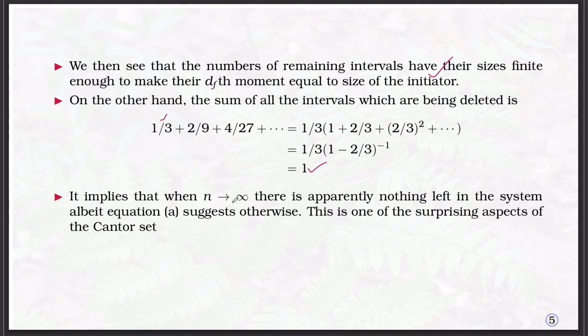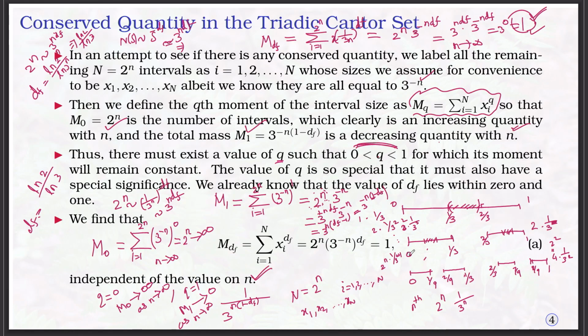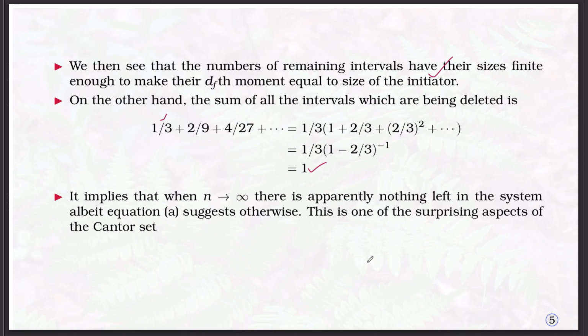It implies that as n tends to infinity, there is apparently nothing left in the system, albeit equation A suggests otherwise. This equation A suggests that there is a constant moment that preserves the moment equal to 1. This is the surprising fact in the Cantor set.